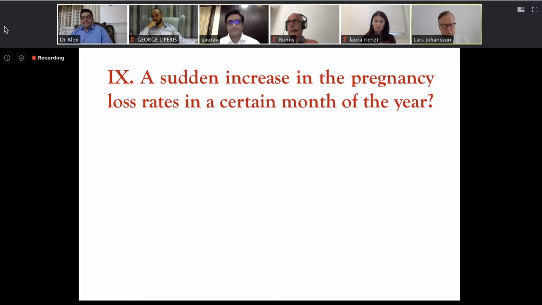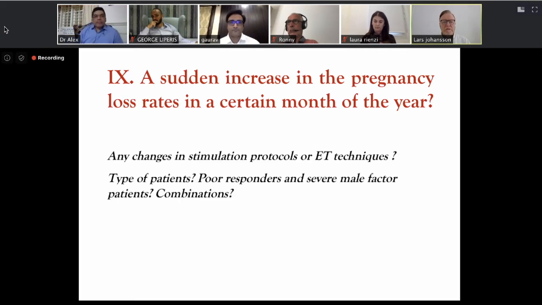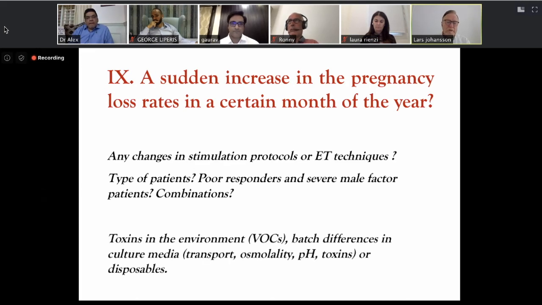Well, they're so multifactorial, it's really hard to look into what it is. But have they changed anything in the hormone protocols? Have they changed any other techniques? Then there's the type of patients we have. For instance, just before Christmas or just before summer, everyone wants to have an egg collection, despite you saying that it's not optimal.